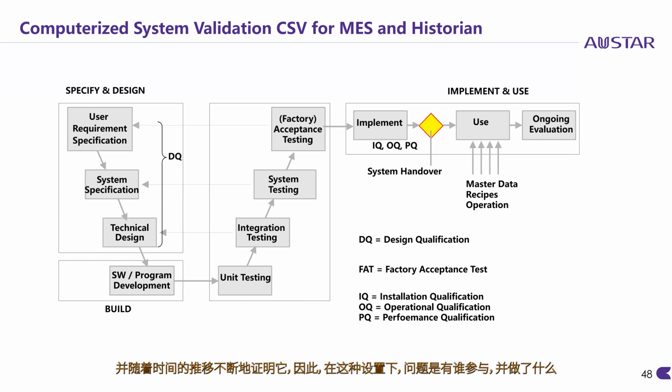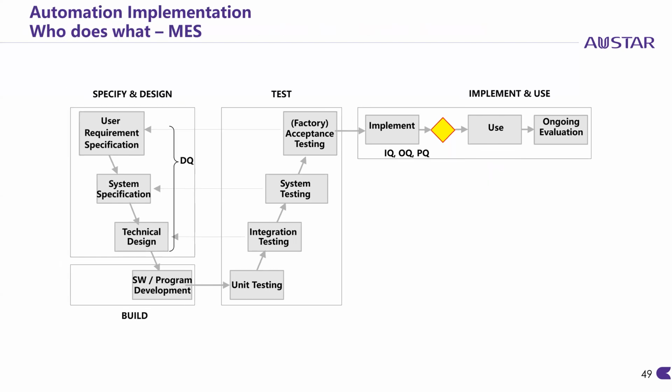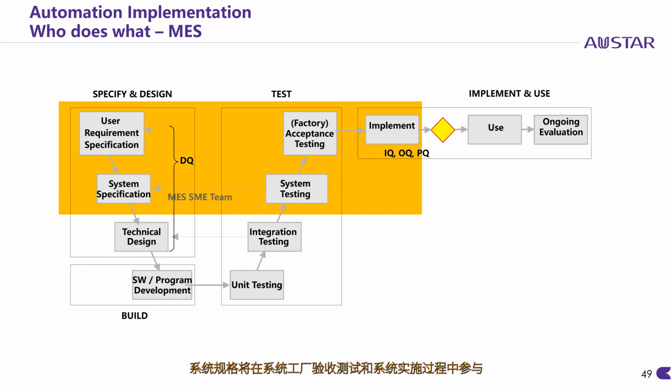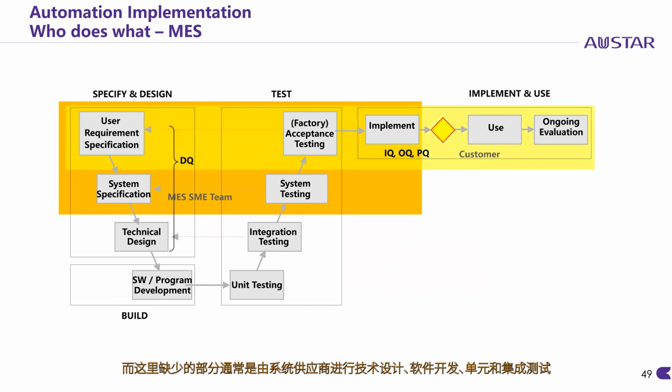So with this setup, the question is who is involved in doing what? So in a typical setup, you can say that you normally work with a MES subject matter expert team. This team will work on the requirement specification, the system specification, will be involved in system factory acceptance testing and implementing the system. Then we have a second group of users, which is the actual customer.